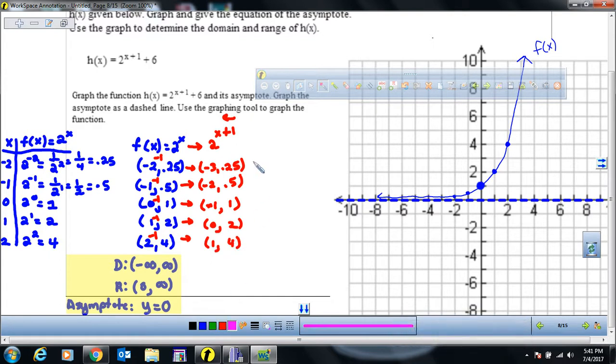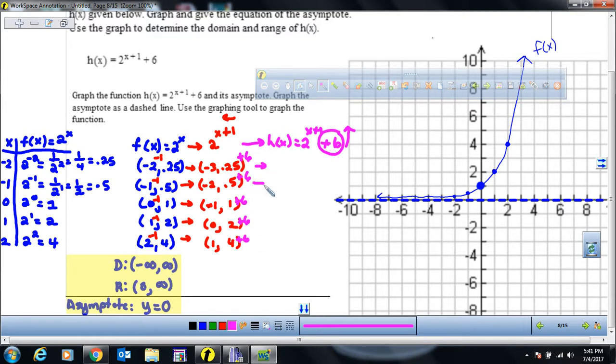But that's not it. There's another transformation that we need to apply. So to finish my h of x, after doing the 2 to the x plus 1, we also need the +6 on the side. What does that +6 have as an effect? It's going to shift the graph 6 units upward, meaning that all of the y values will be added 6. That was a change whenever we have a vertical shift. Okay.